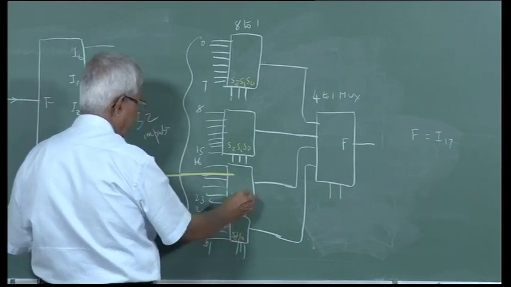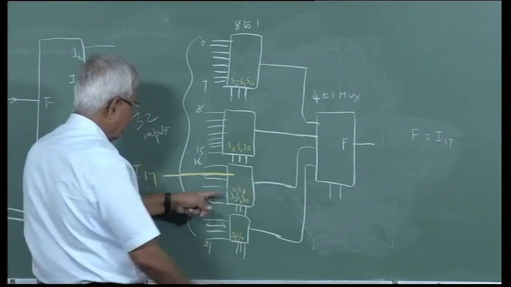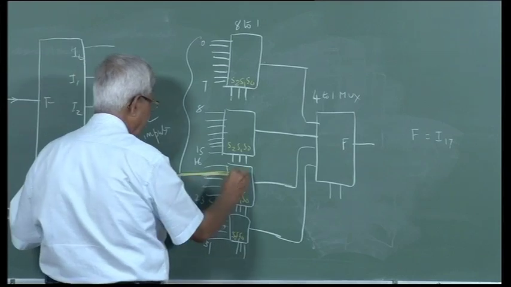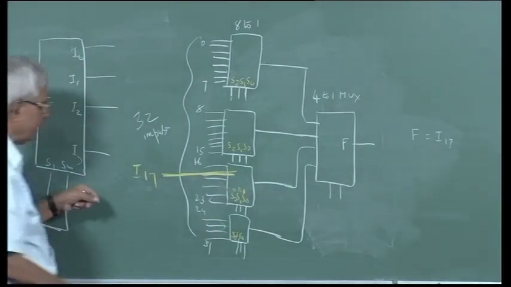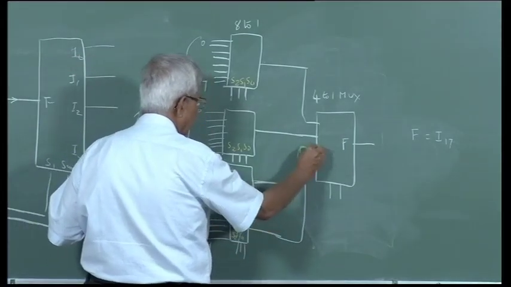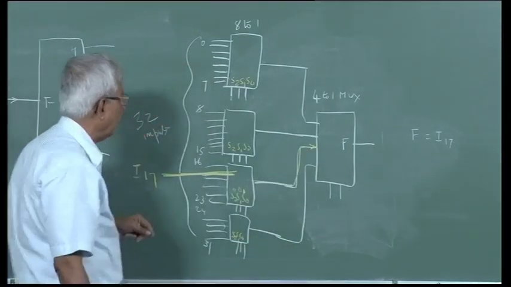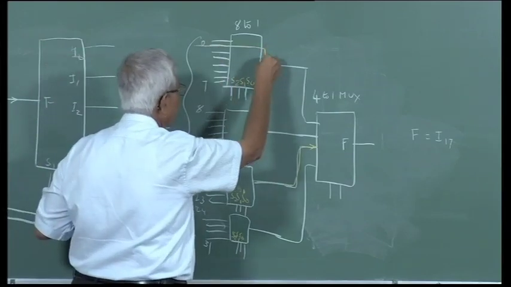So S2, S1, S0 should be 0, 0, 1. If you select 0, 0, 1, the second input of the third multiplexer will be selected this line. At the same time, the second input of every multiplexer will be selected.